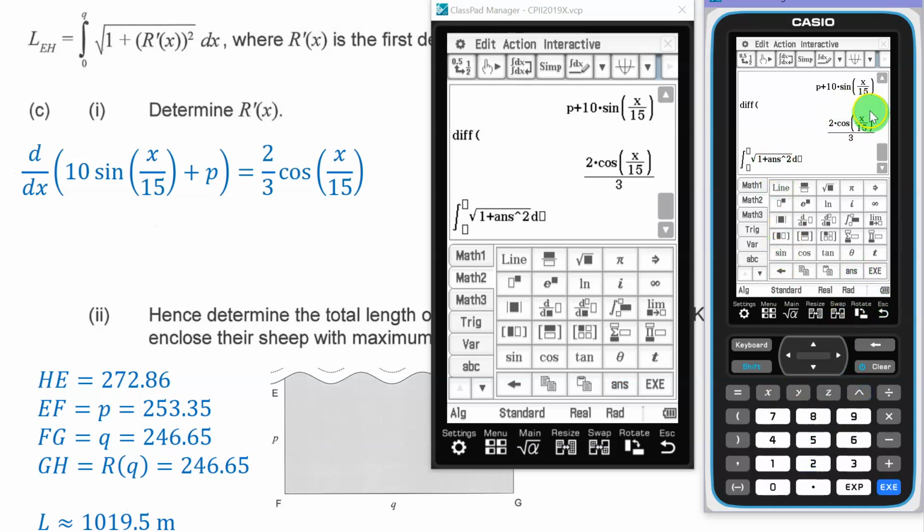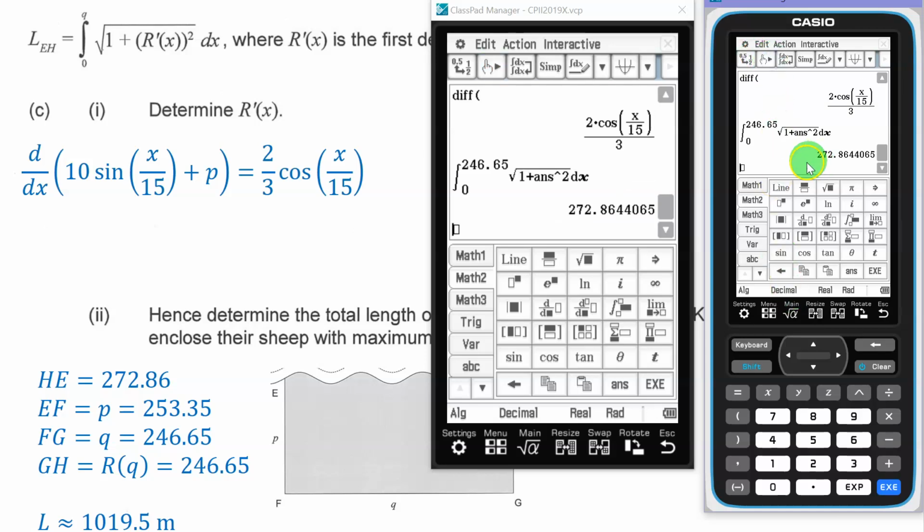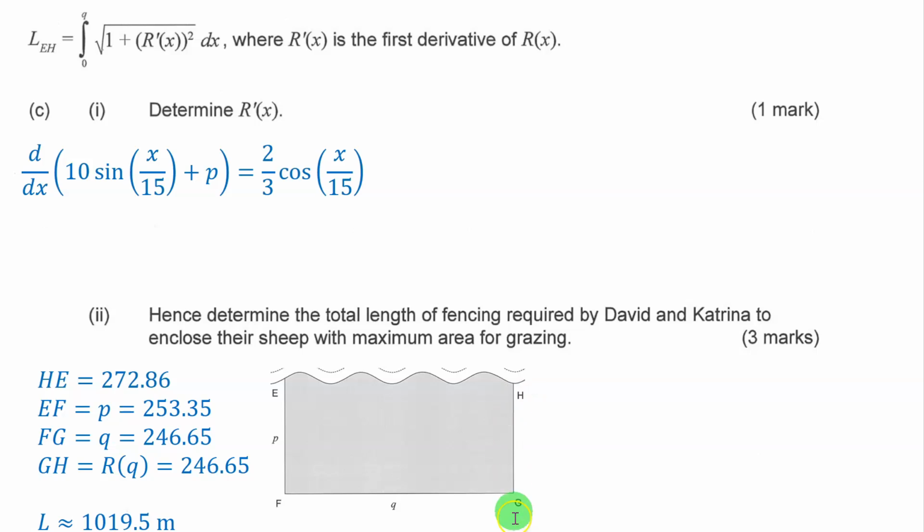So that'll just insert our R prime of X into that little spot without us having to do anything else, with respect to X from 0 to Q. So Q, well, we could copy it down from upstairs, but let's just go to 2 decimal places, 246.65 on that one. And standard mode, not a good idea here, so we'll just evaluate that one, 272.86, so that's HE.